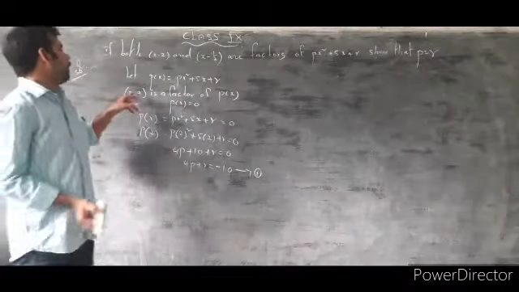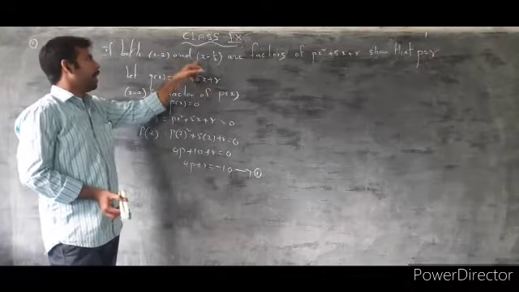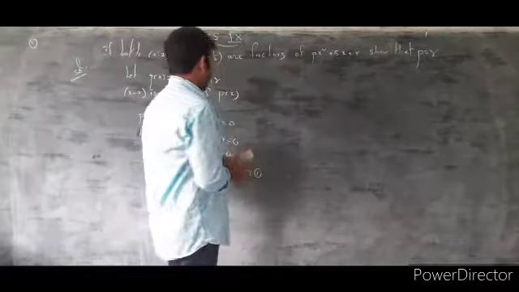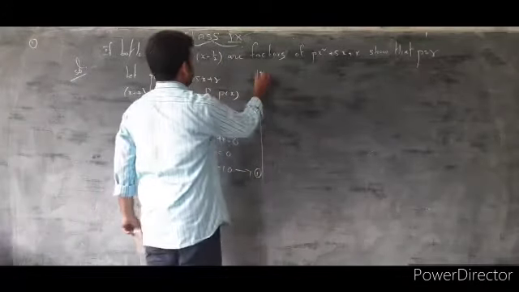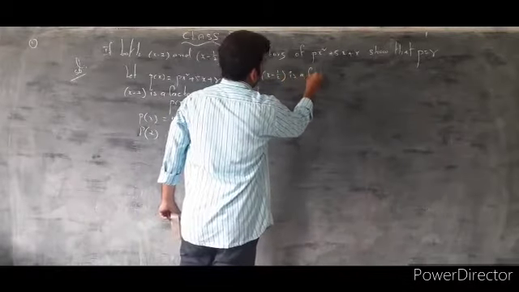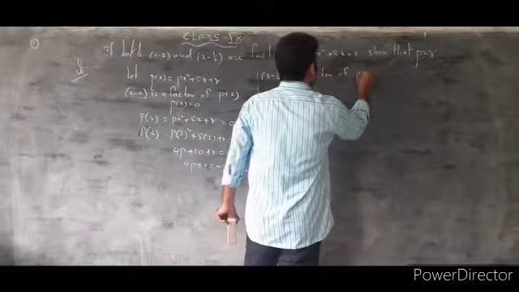Now we have completed x minus 2 is a factor of p of x. Now we discuss x minus half is a factor of p of x.